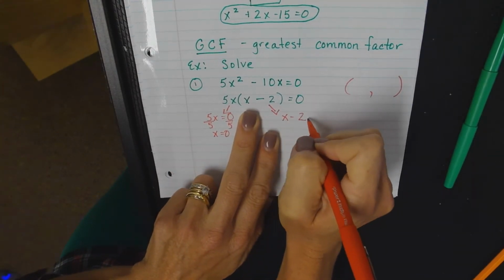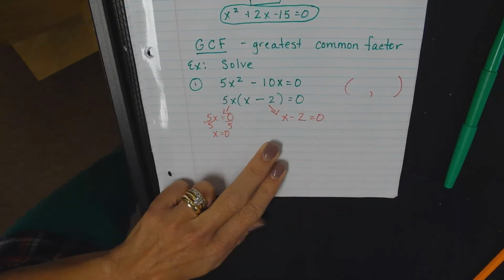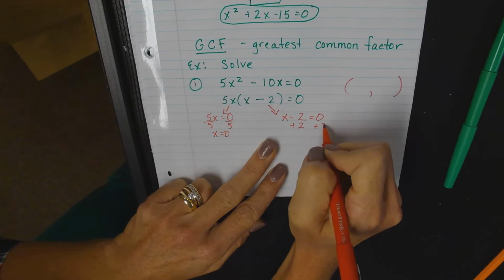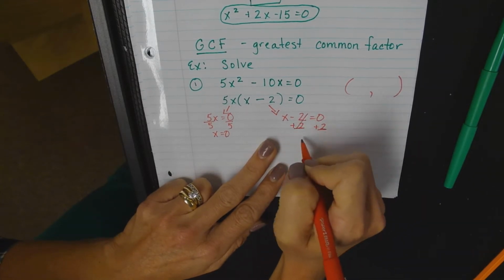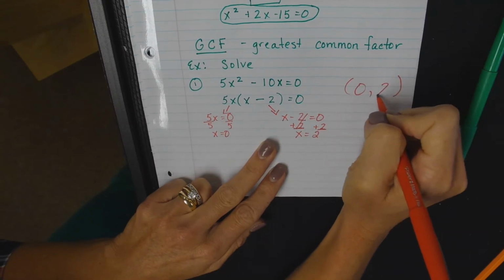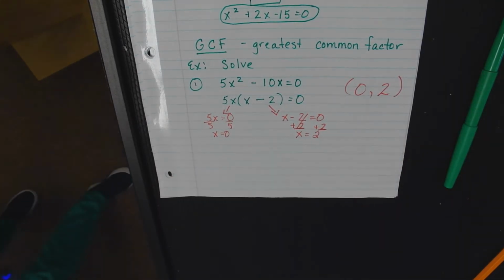X minus 2 equals 0. Add 2 to both sides. X equals 2. And that's it. Solve. Answers are 0 and 2.